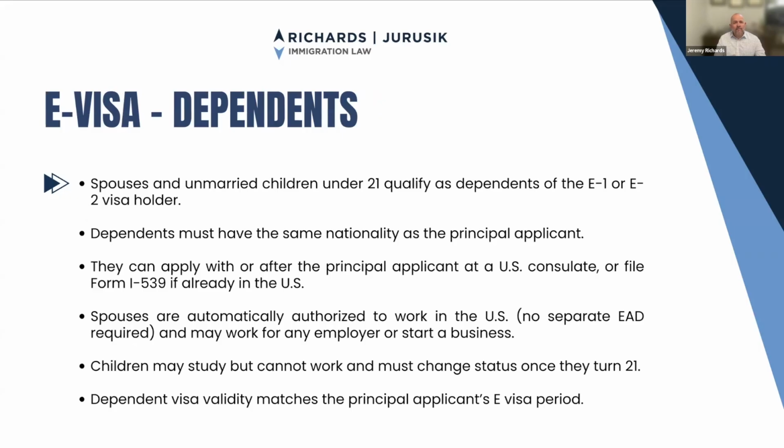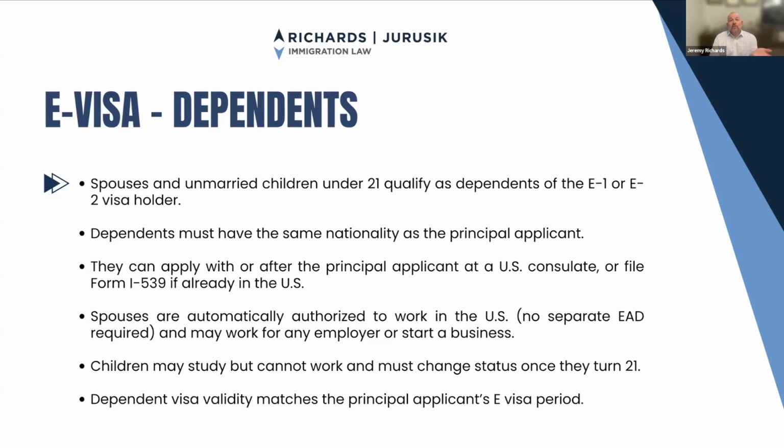And one of the big benefits of the E-visa category, and this applies to both the E1 and the E2, is the dependent visa that comes along with it. And if you're a spouse, you would get an E1S or an E2S, the S standing for spouse, visa.